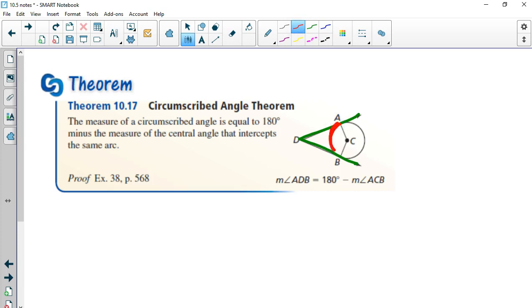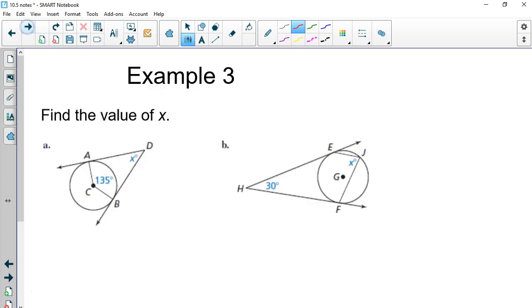What it's saying is the measure of this circumscribed angle is equal to 180 minus the measure of this angle, which forms the same arc. So if we know what ACB is, we subtract it from 180 and we'll get D.